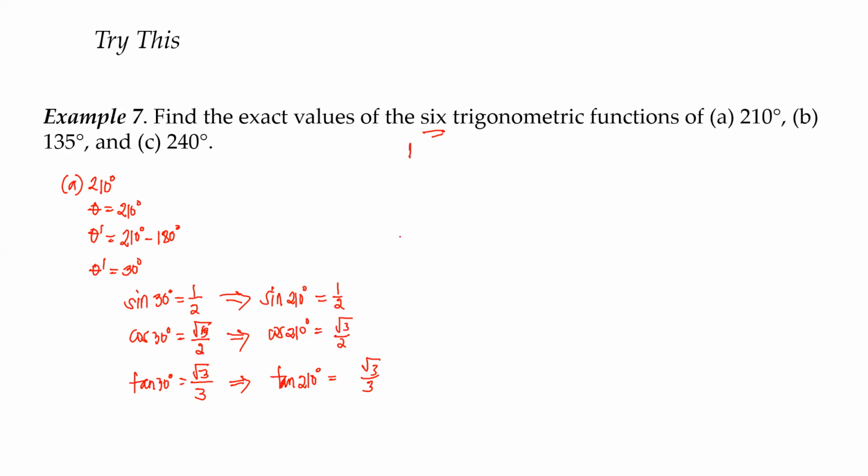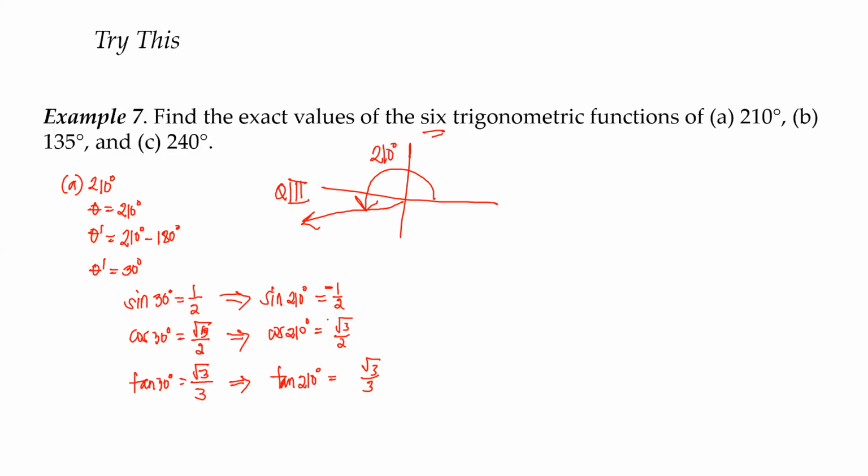Now, if we try to graph 210, like I said, 210 is more than 180 but less than 270. So the location of our 210 is in quadrant 3. If we are in quadrant 3, your y is negative, your x is also negative. So for our sine 210, since sine is associated with y, sine is negative 1/2.